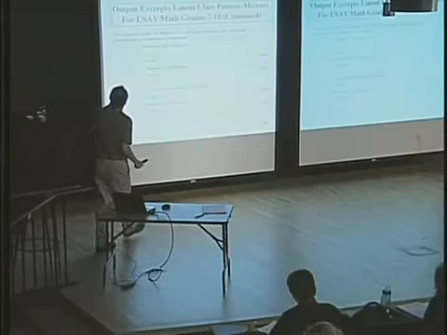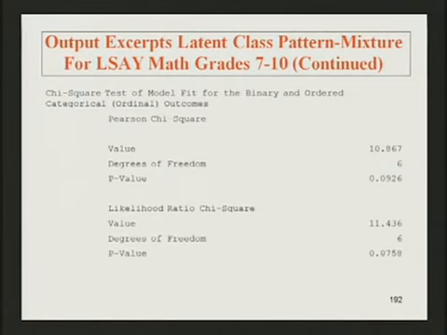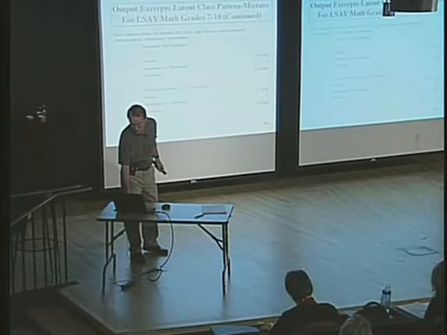For those 4 binary missing data indicators, you have a 2-class latent class model, and it fits the data pretty well. Chi-square is relatively small relative to the degrees of freedom, both the Pearson and the likelihood ratio. So 2 classes seem to be enough to explain the frequency table for the missing data pattern.